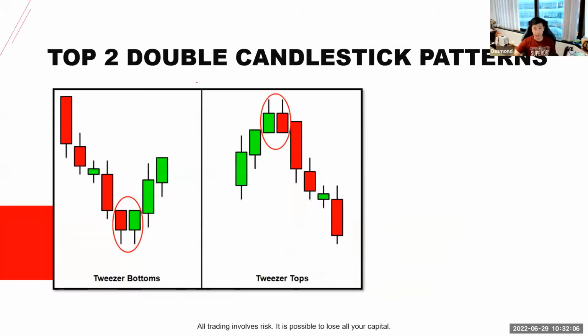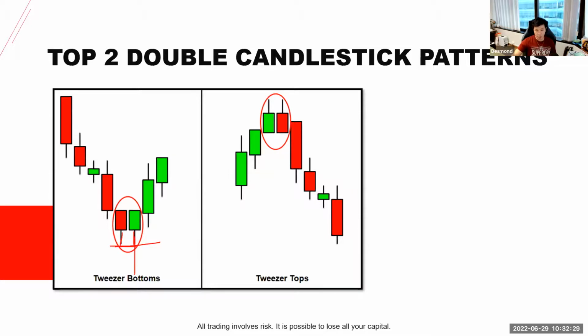The other favorite double candlestick patterns I have are the tweezer bottoms and the tweezer tops, okay? Tweezer bottoms, as the name suggests, the wicks, as you can see over here, look like a tweezer. The thing about tweezers is that their little arms, the wicks, tend to be at about the same level.